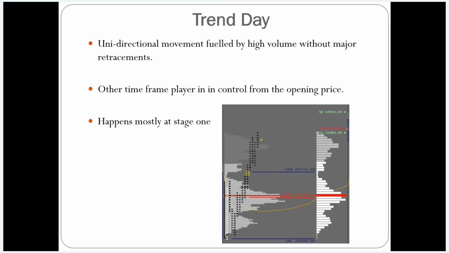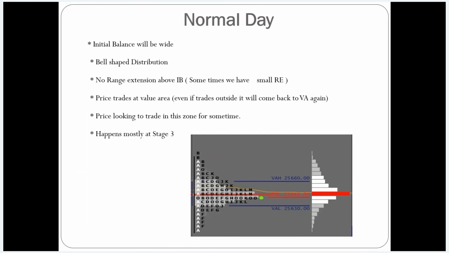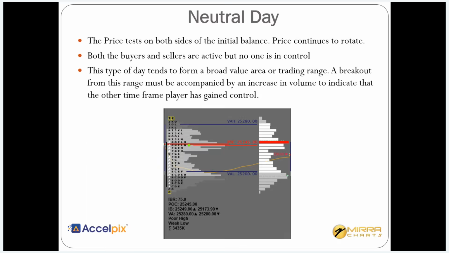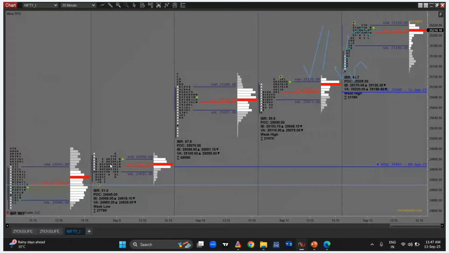So here I'm going to focus only on three day types where it will be useful. Normal day and neutral day, where it will have a kind of auction without any big significance like this. Okay, this is a pakka neutral day.